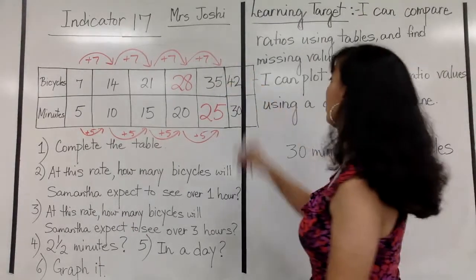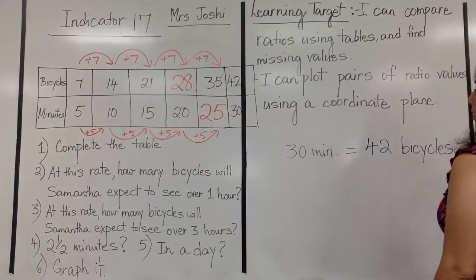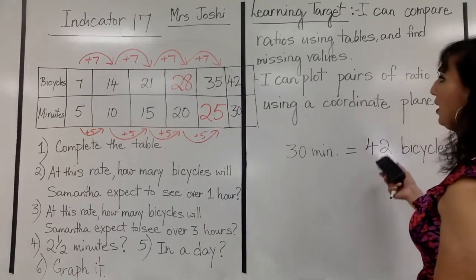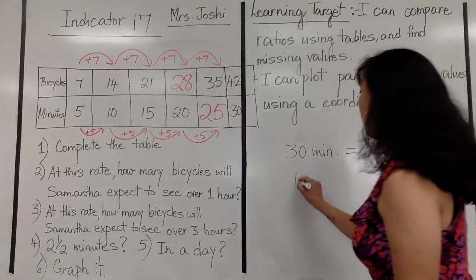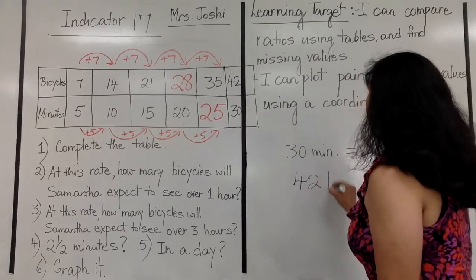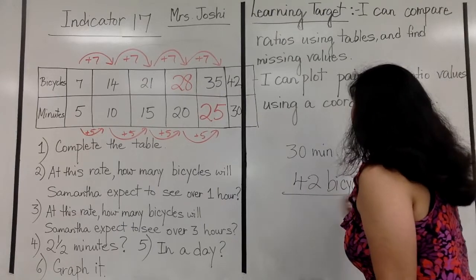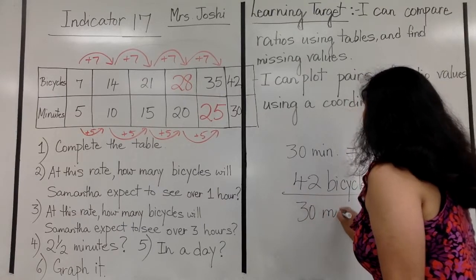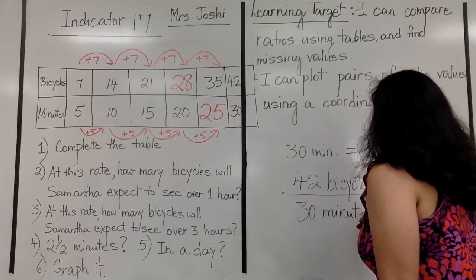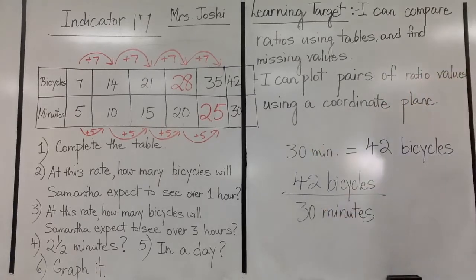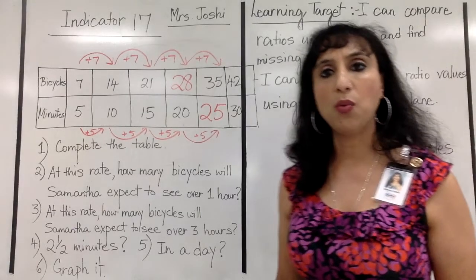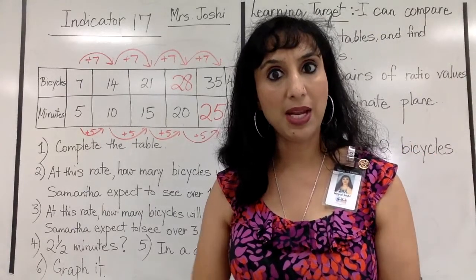Based on this ratio, if you're writing it as a ratio, you can write 42 bicycles in 30 minutes. Now, we know that in 1 hour we have 60 minutes.